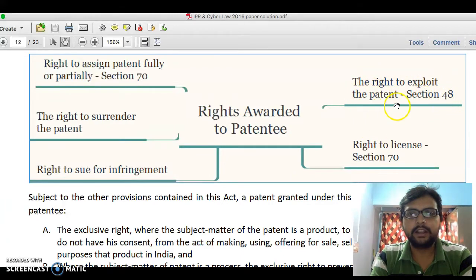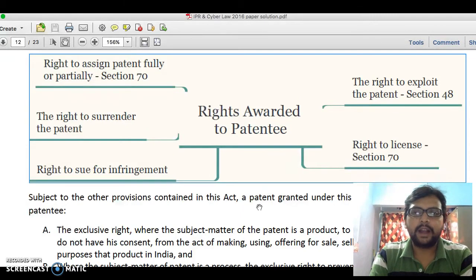Section 48 under the Indian Patent Act 1970 provides you the right to exploit the patent. Means you can utilize your idea in the best possible way, try to use it in different manners so that we can get maximum output or maximum throughput as much as possible.